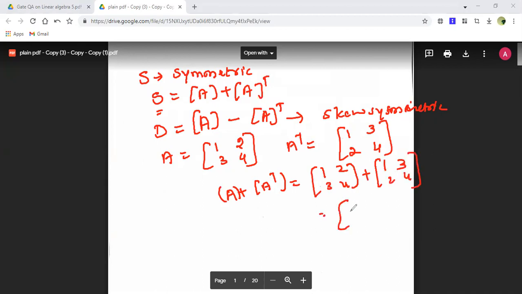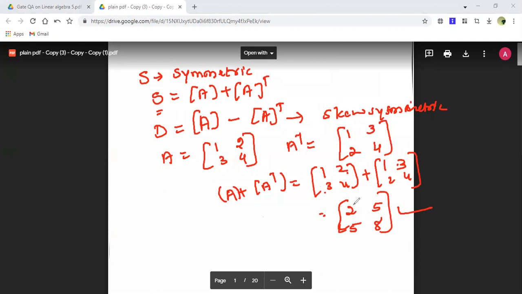Here you get 1 plus 1 is 2, 2 plus 3 is 5, 3 plus 2 is 5, and 4 plus 4 is 8. You can see that the non-diagonal elements are the same, and the principal diagonal elements are as well. If you take the transpose of it, you get the same matrix. That means the given matrix is symmetric.